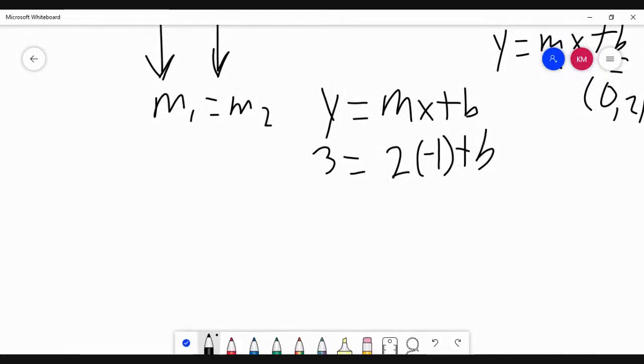So now bring down my 3, and that equals 2 times -1. 2 times -1 gives me -2. And of course, I add my b.